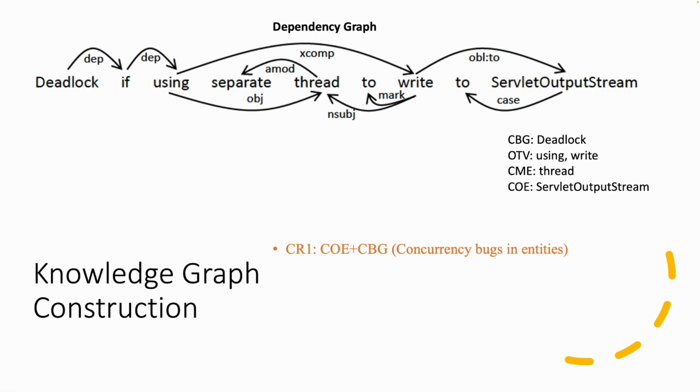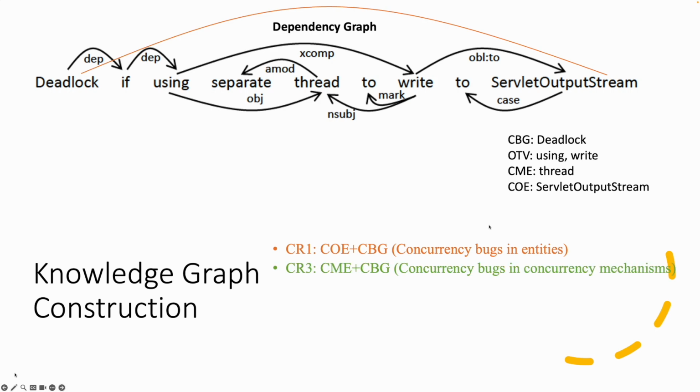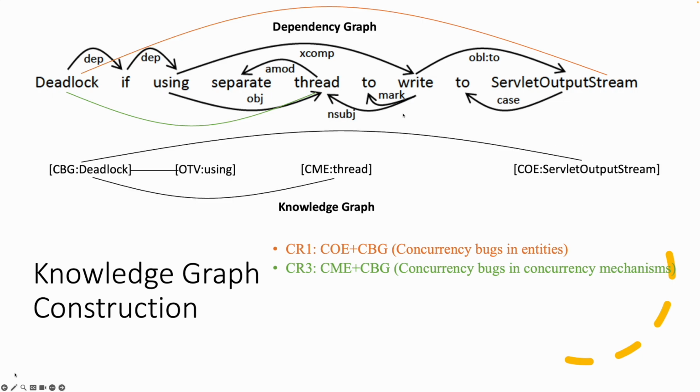The first concept relation is between concurrency bug and code entity, so the 2 concepts will have an edge. Another concept relation is between concurrency bug and concurrency mechanism, so the 2 concepts will also have an edge. After adding edges for concept relations, we remove or replace the edges from the original dependency graph. So here we have a knowledge graph.